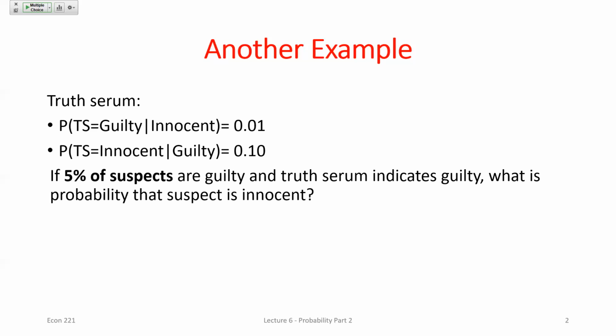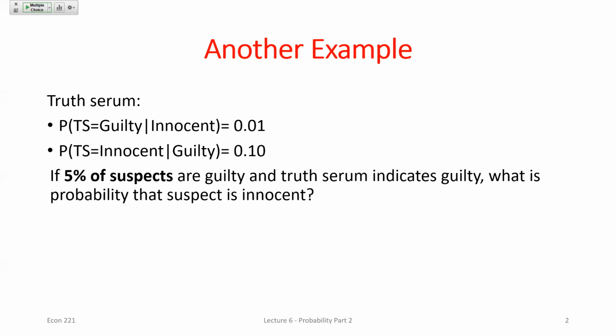Now we condition on the person being innocent. I'm conditioning on the same state of nature here, truth serum equals I. So now I'm conditioning on my other state of nature, the state of nature on this branch, but still looking at the conditional probability for the two outcomes of the test.